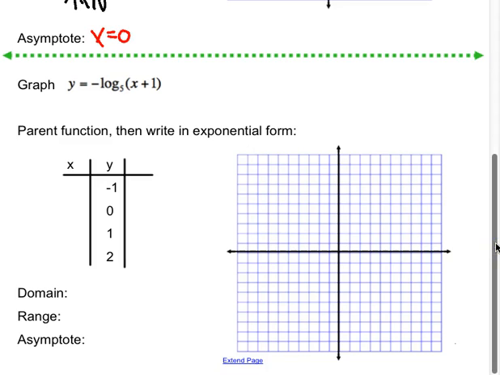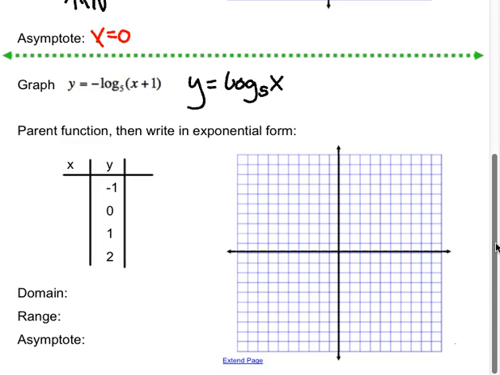All right, so let's take a look at this, shall we? So remember, the most basic form, the parent function of this, is simply log base 5 of x. Ignore the number out front, ignore the +1. That is the parent function, the most basic form of this function.